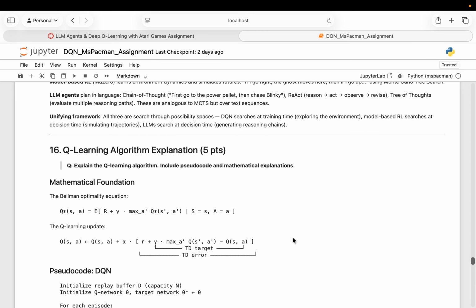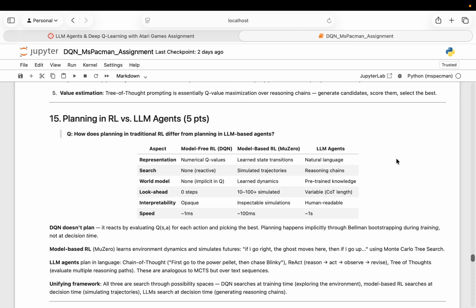The expected lifetime value in the Bellman equation is the total discounted future reward from a state onward. In Ms Pac-Man, the value of moving toward a power pellet includes not just the plus 50 pellet reward, but the entire ghost eating cascade, plus 200, 400, 800, 1600, that follows. That's why gamma 0.99 is essential.